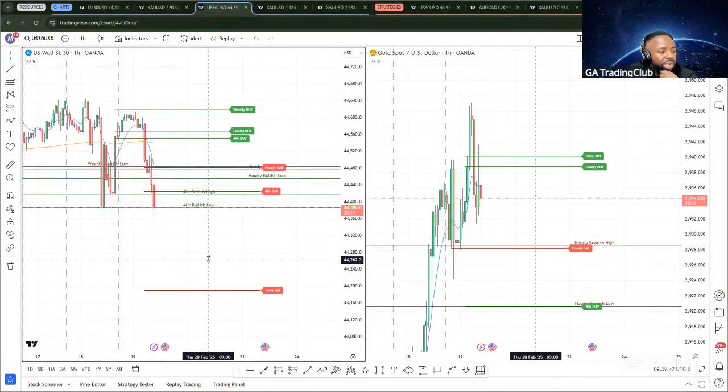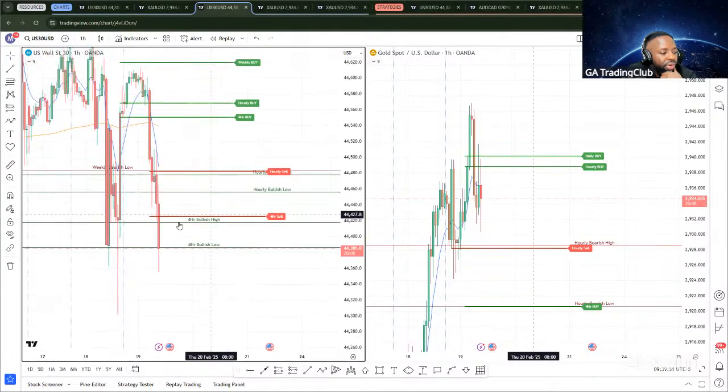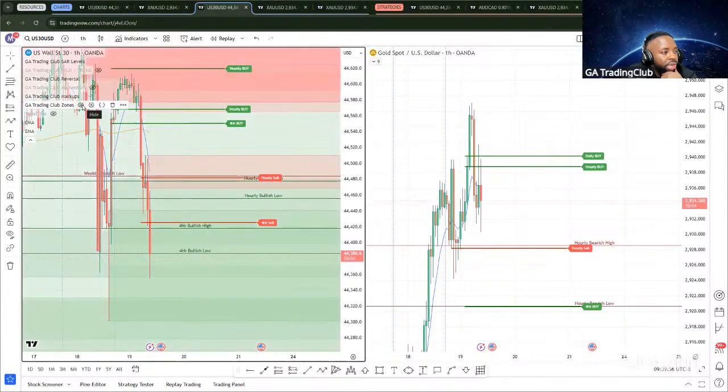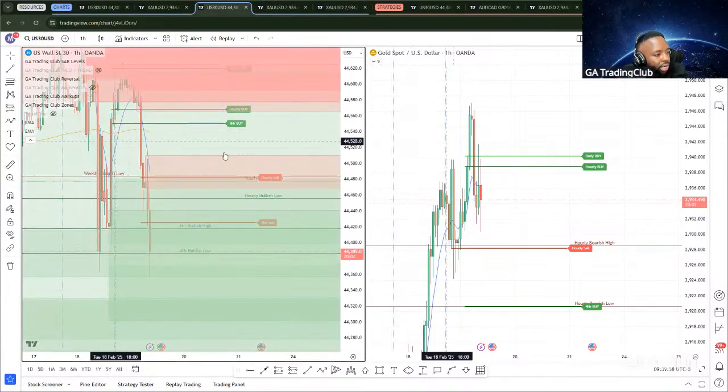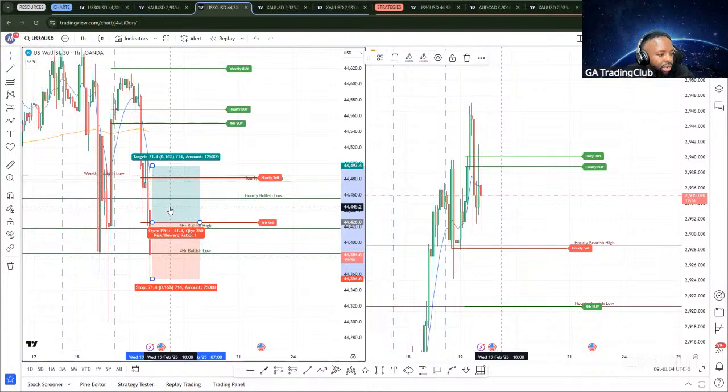On the 1-hour time frame, there was this entry that I see here. However, it's in an area where supply and demand are overlapping. The one that I'm talking about is this one right here.